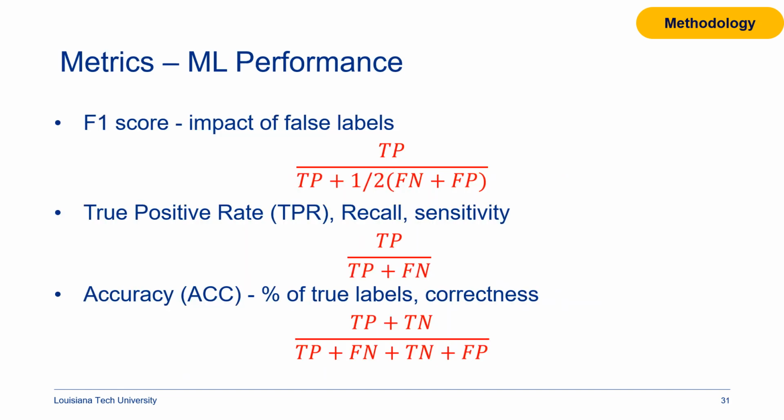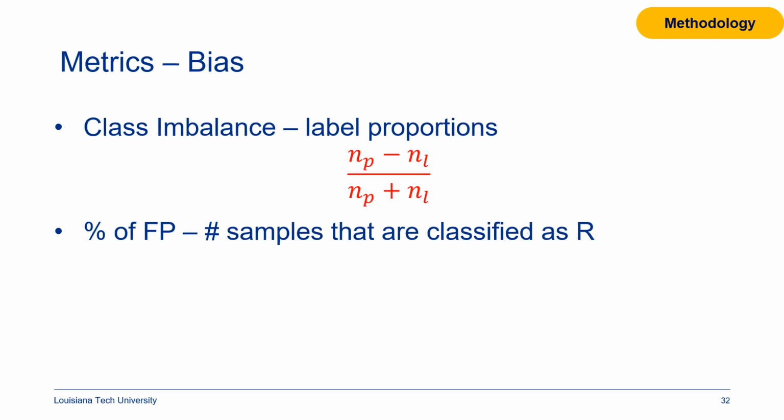We measure the performance of the machine learning model with F1 score, which is the impact of false labels, the true positive rate or recall or sensitivity, and the accuracy or percentage of true labels and correctness.